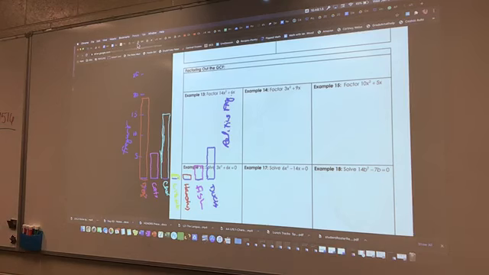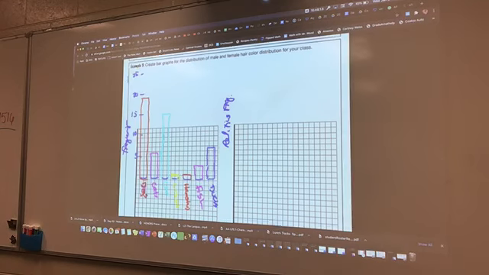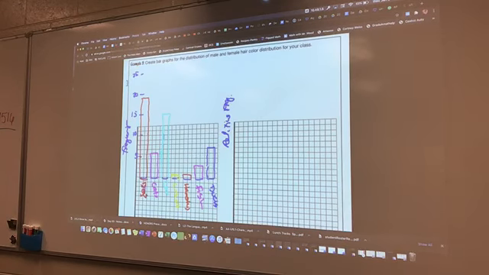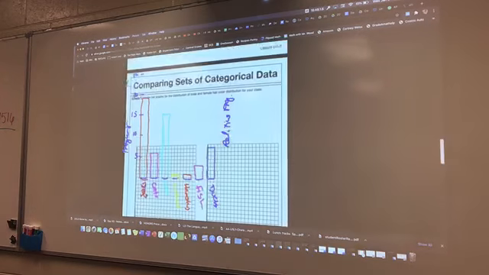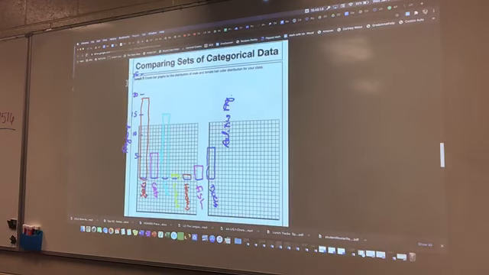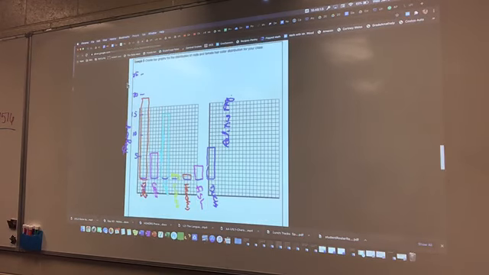Why do I always click on the wrong thing? There we go. Make this smaller. Okay. Yeah, I can't see that.